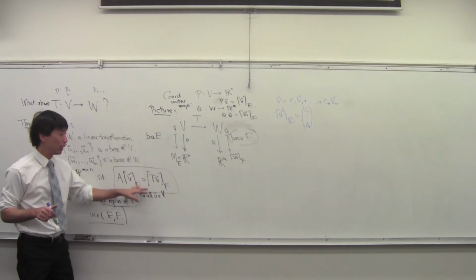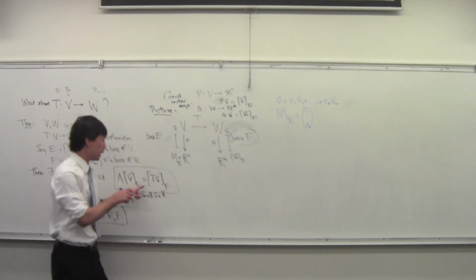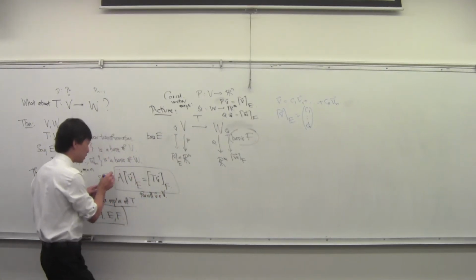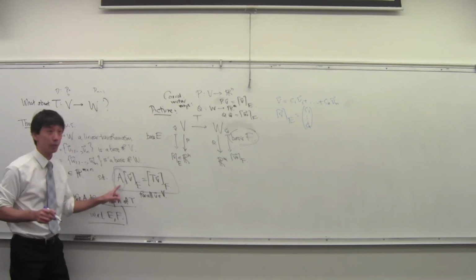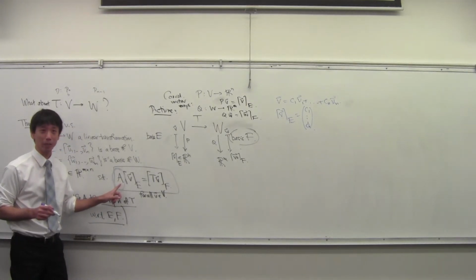So what is this saying? This says that there exists some mysterious matrix A with a special property.